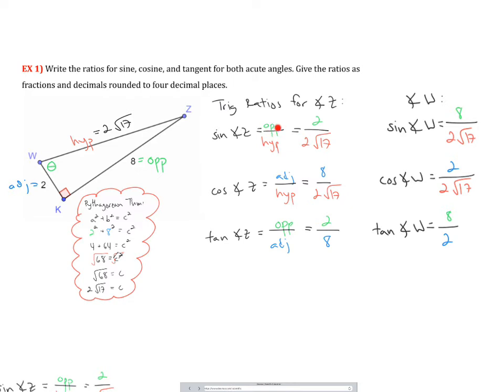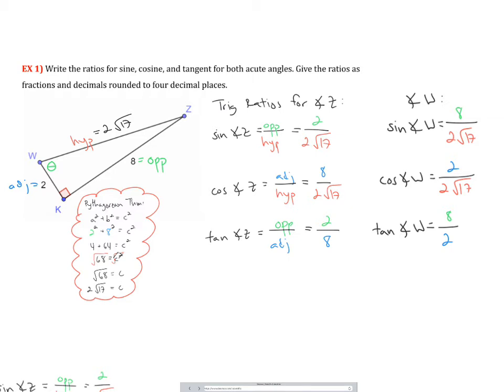Notice how in sine, I still have opposite divided by hypotenuse, but for sine of angle Z, there was a 2 in the numerator, but for angle W, it is an 8 in the numerator. And so anywhere where we see adjacent and opposite, those two have now been swapped.